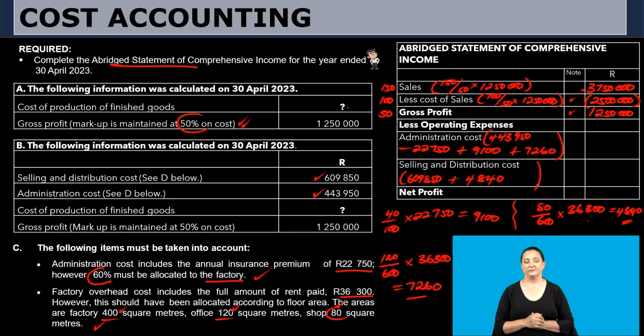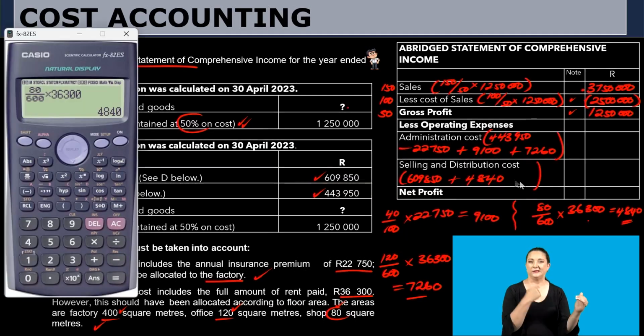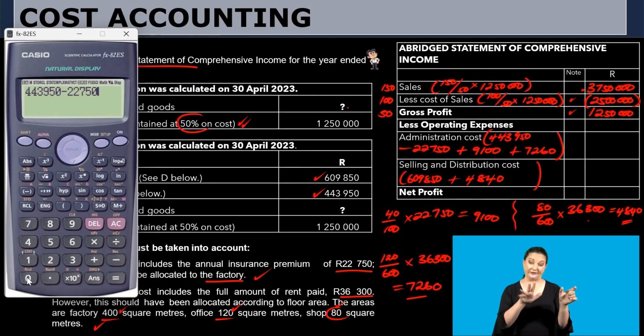Let's close the brackets together. So when closing the brackets, we are now saying, under administration, it's 443,950. And then I subtract my 22,750. And then I add 9,100. And I add 7,260.